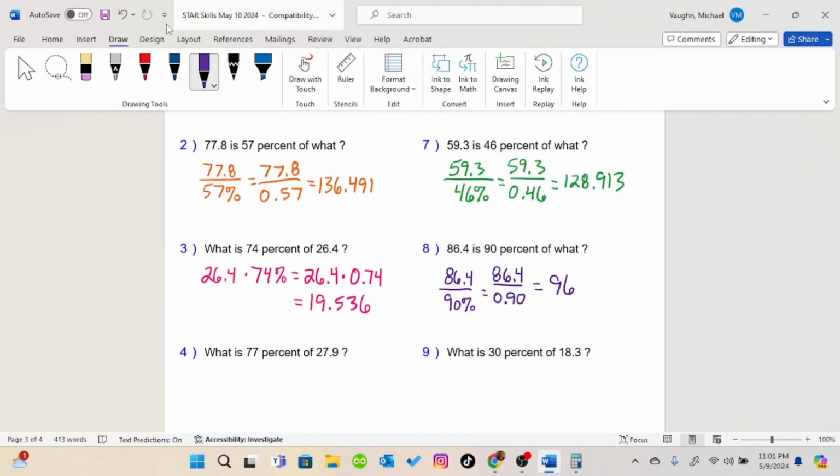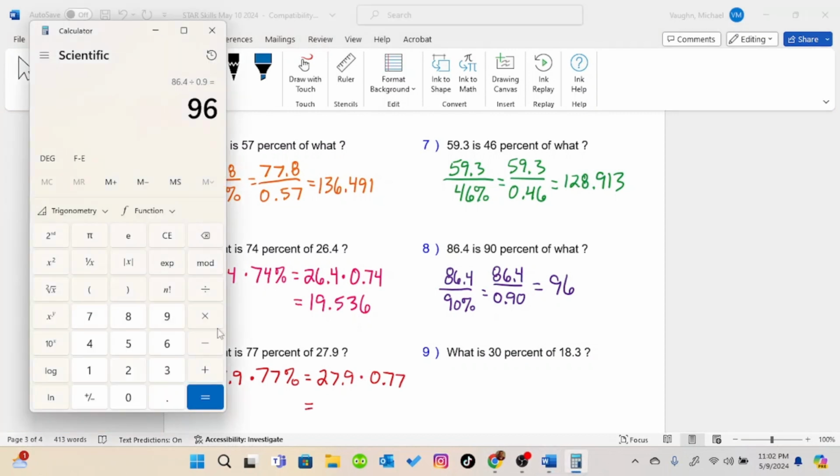Number 4. What is 77% of 27.9? Well, we need to take the number and multiply it by 77%. As a decimal, that's 27.9 times 0.77.